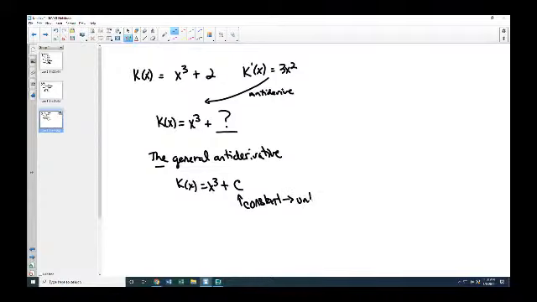An unknown number. So when we antiderive, we have to put a plus c on it every time. For now. We'll get rid of that at some point pretty soon, but for now, just keep in mind the general antiderivative has to have a plus c. Okay?